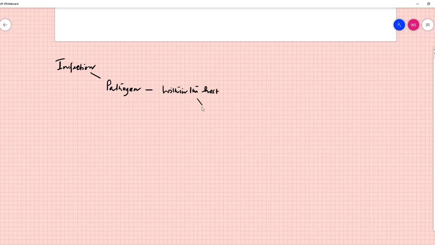After establishing, it replicates and it harms the host. And it also causes a host response. Okay, so that is infection.